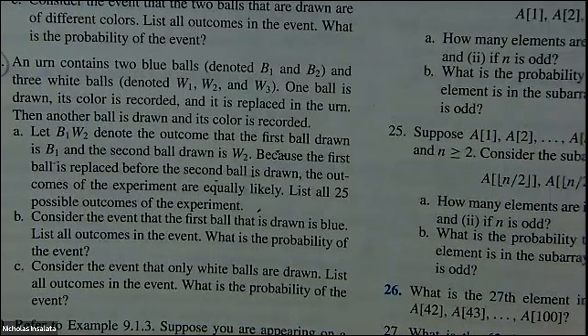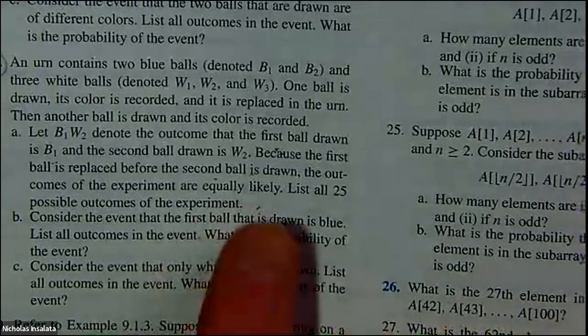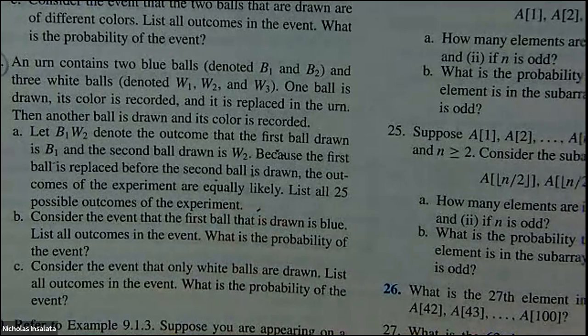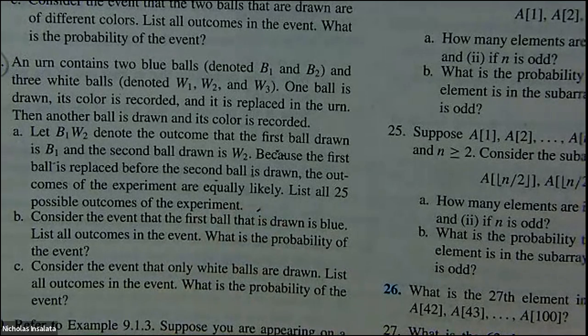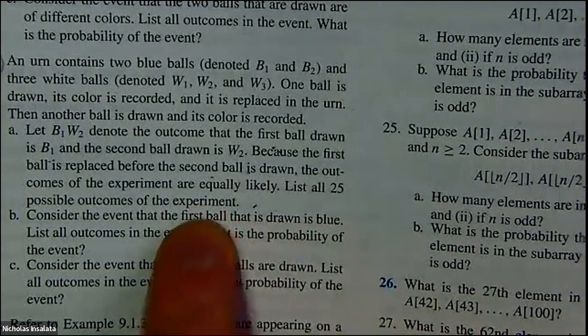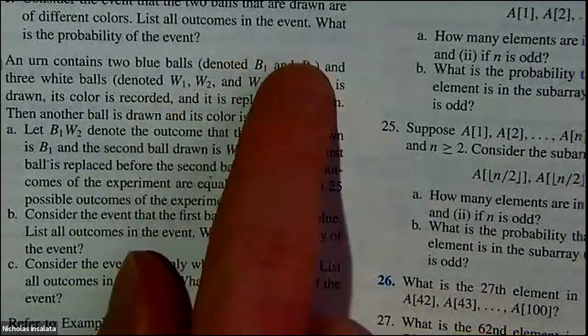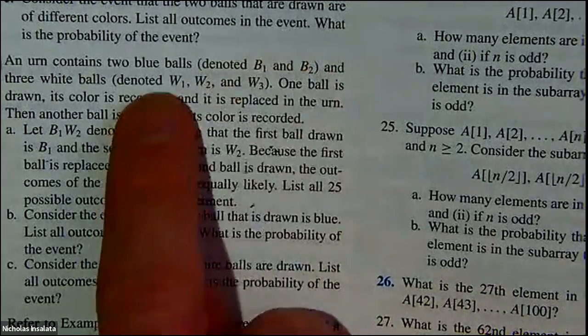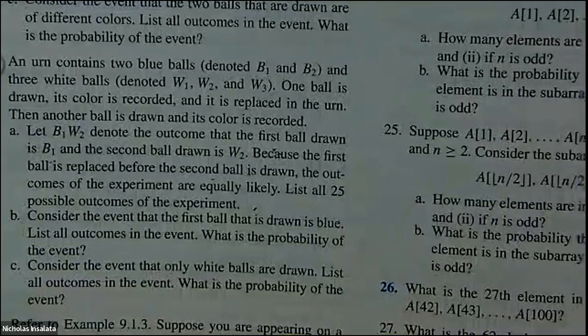All right. How about the probability that the first ball drawn is blue? What would that probability be? Yeah, 2 out of 5, right? Because when you draw the first ball, you have a 2 out of 5 chance of getting a blue one, right? 2 blues out of 5 total balls, right?